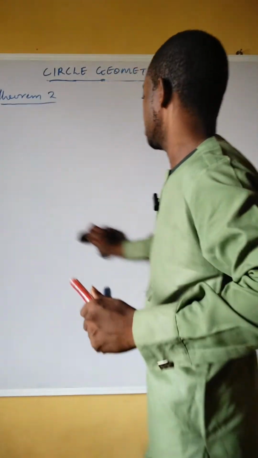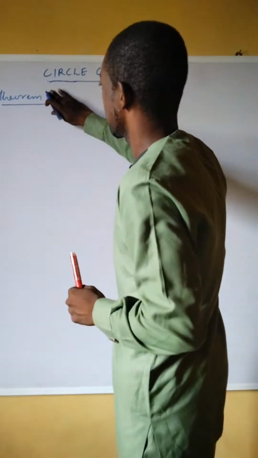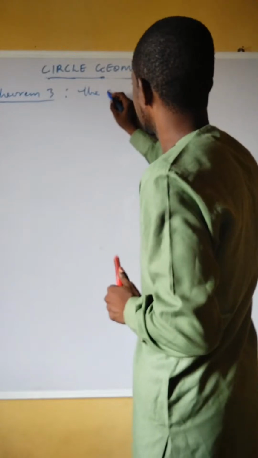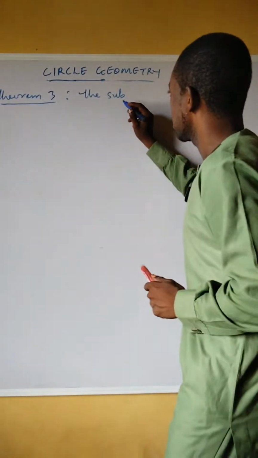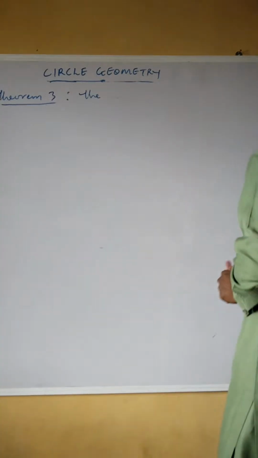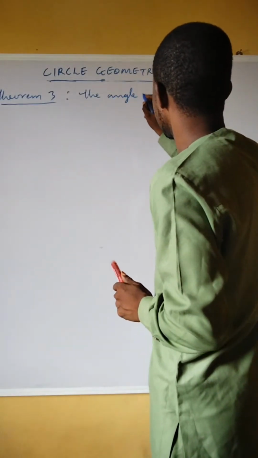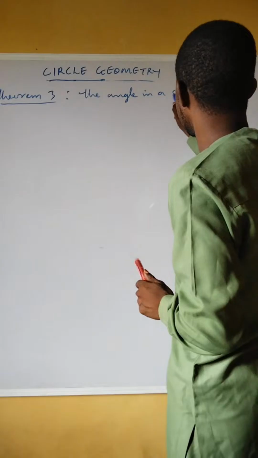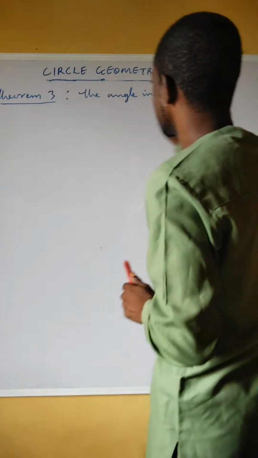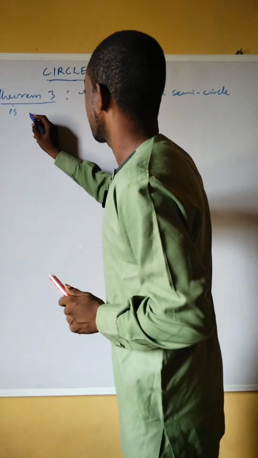The theorem states that, theorem 3, the angle subtended, or let's put it like this, the angle in a semicircle is a right angle.